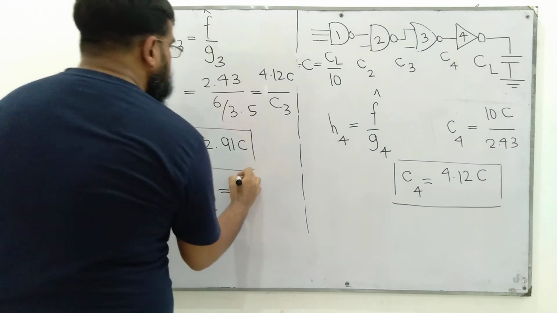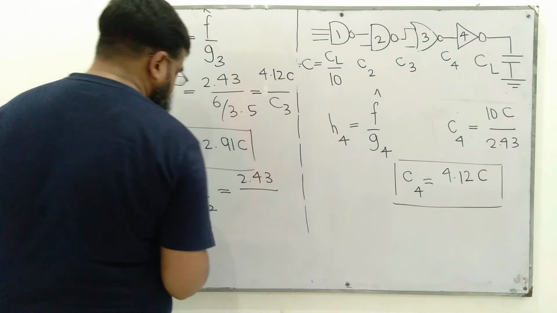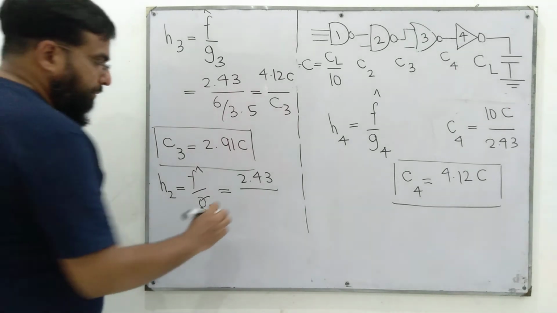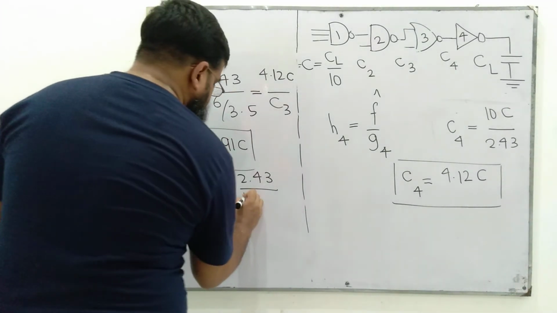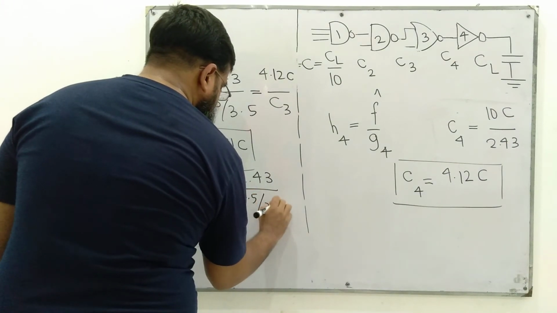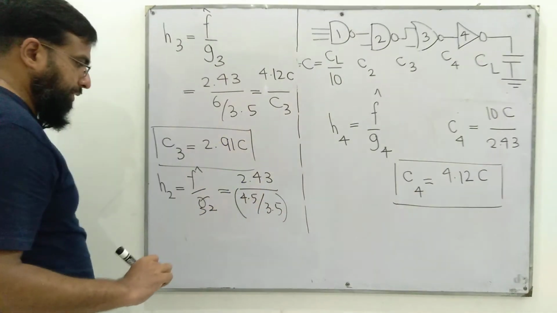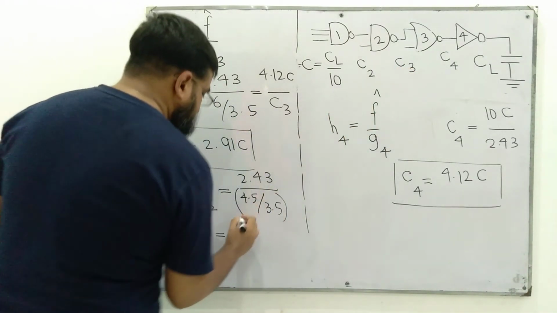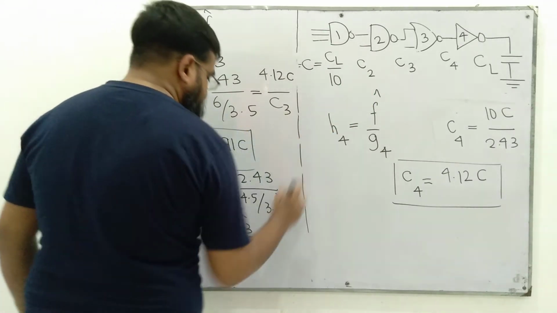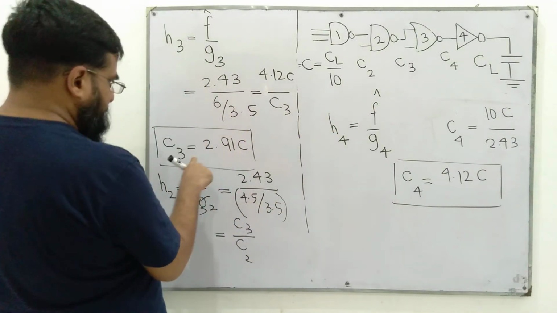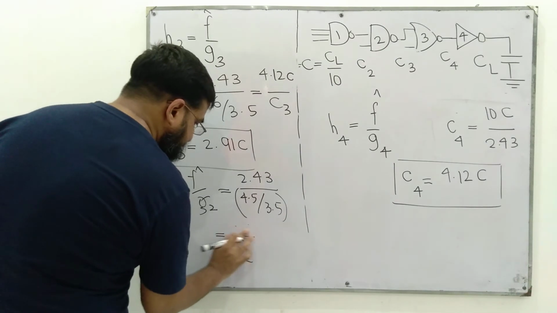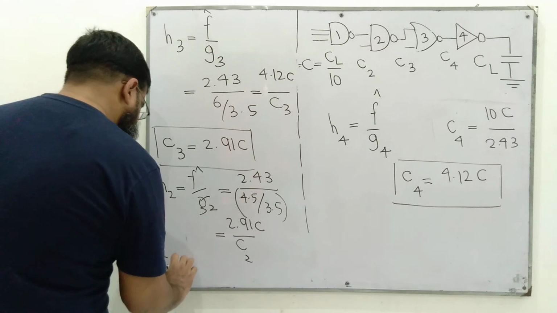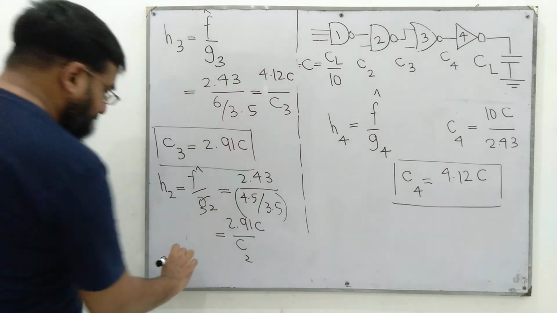F is the same, the average path effort divided by G2, and we wrote G2 to be 4.5 over 3.5 in that long expression that we wrote for G, and this must be equal to the output capacitance of the gate divided by its input capacitance C2, and we know that C3 is 2.91 times C. So solving this gives us C2 is equal to 1.54 times C.